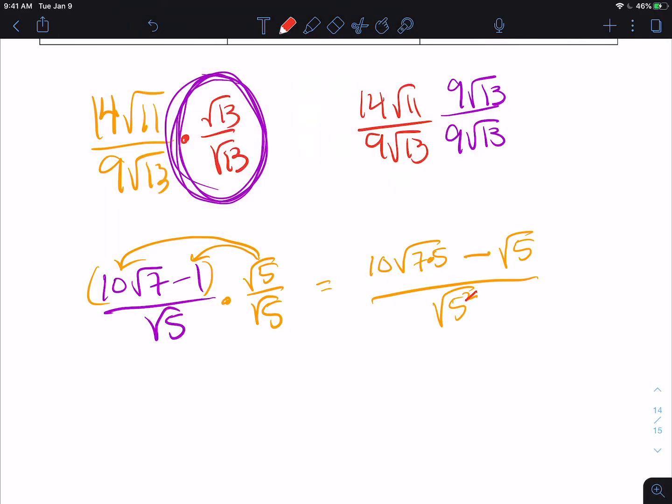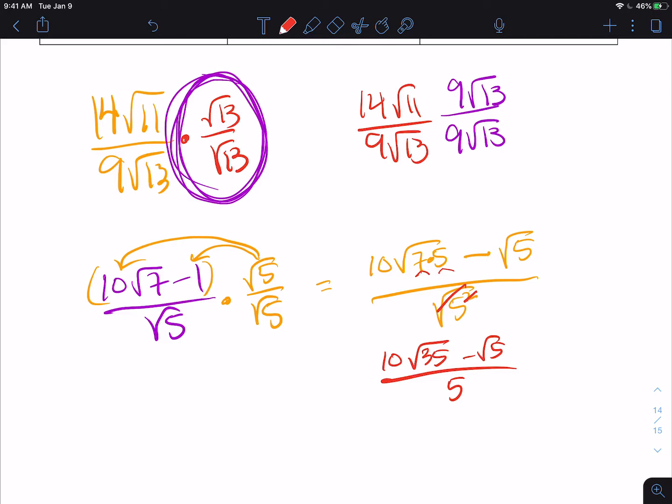Okay. Now here, the square root of 5 squared, those undo each other. Here, I left it as 7 times 5 because I want to see if I can break anything down. 7 and 5 both happen to be prime, so I can't break it down anymore. So I can't do anything to simplify this, so then it just has 10 root 35 minus root 5 over 5. Okay.